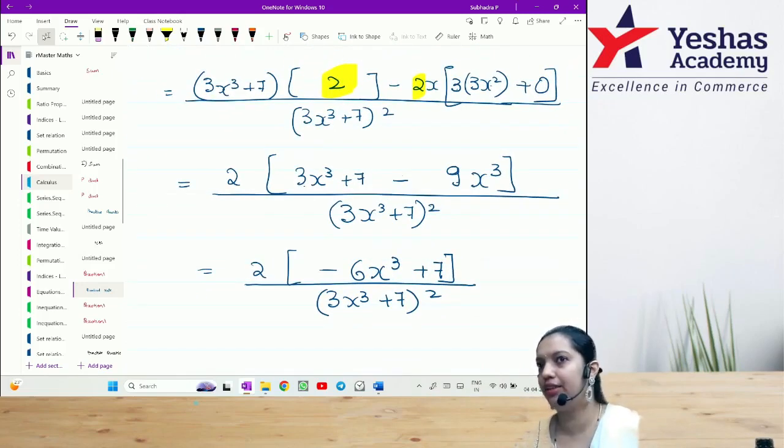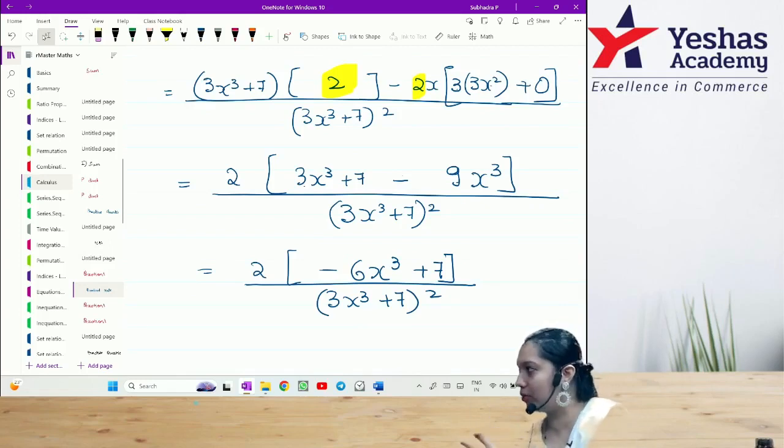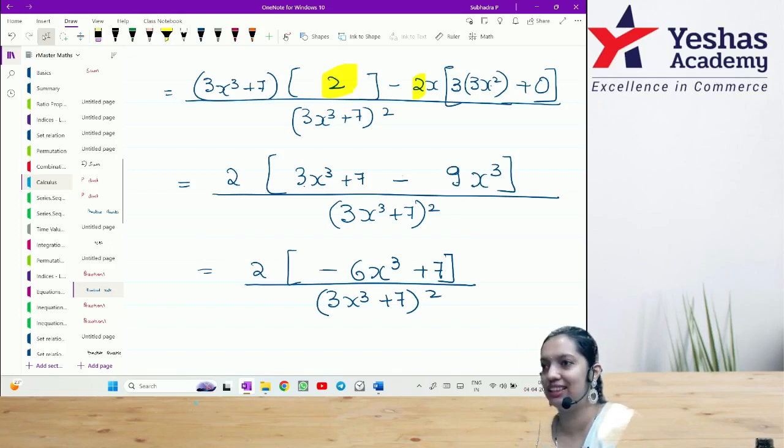When I checked all the previous year exams, hardly one question came in an attempt. Either from implicit, or from logarithm, or from composite, just one question they are asking. Some product, like the last time I did x minus 1 into x minus 2, only that came in the exam in the last 6 years.